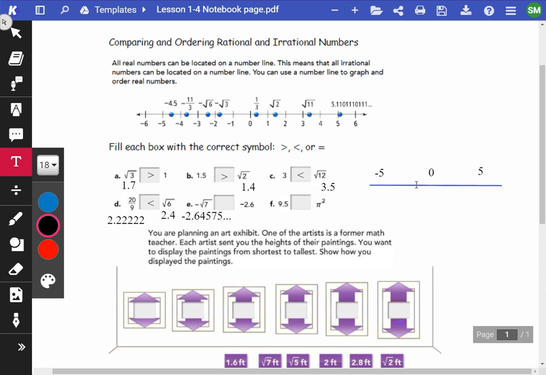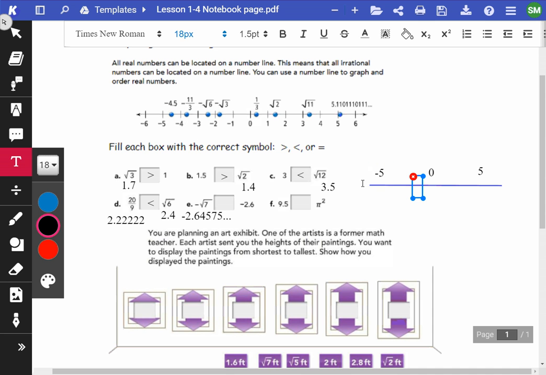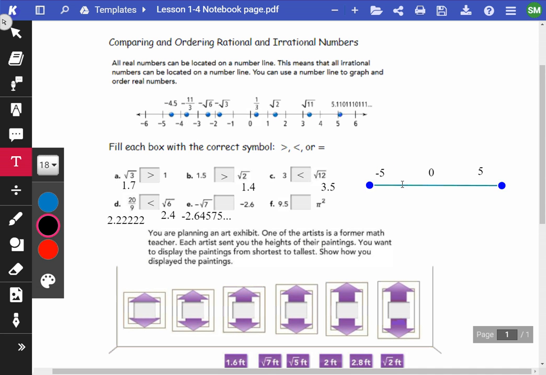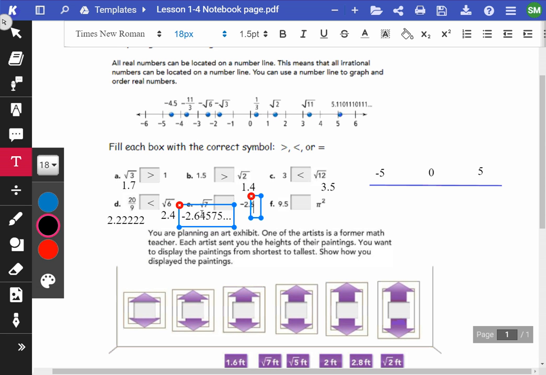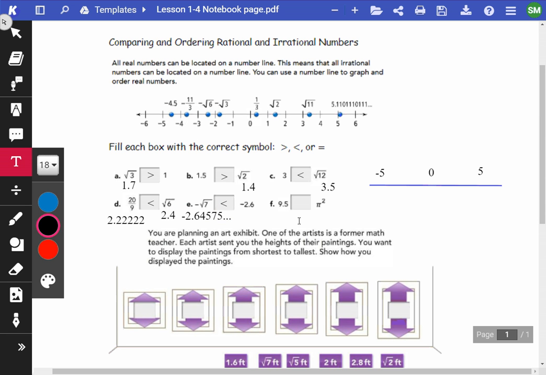Negative 1 is greater because it's farther to the right. Negative 5 is more negative than negative 1. That makes it less. So which one of these numbers is more negative? That would be this one, because this one would have more digits after it. So this one is more negative, which makes it less. A number that is more negative is less than a number that is less negative. Hopefully that makes sense to you.